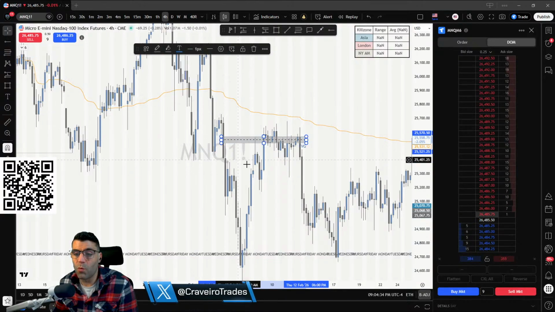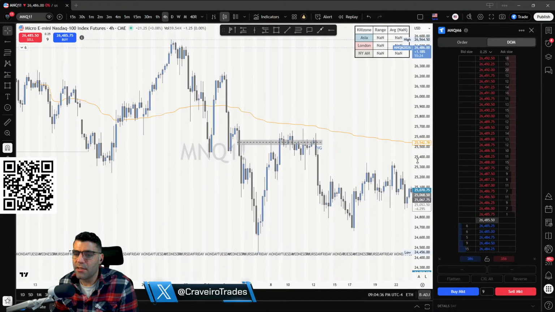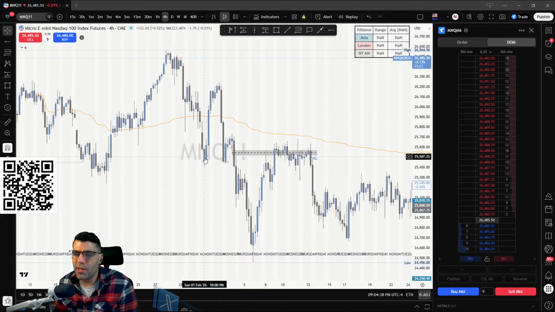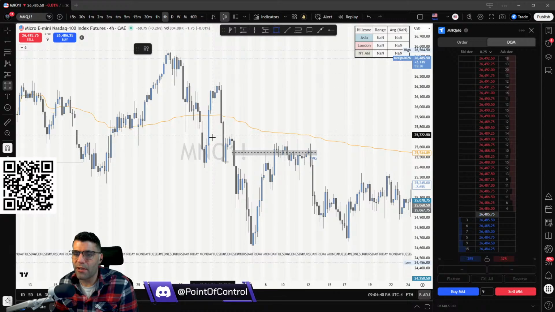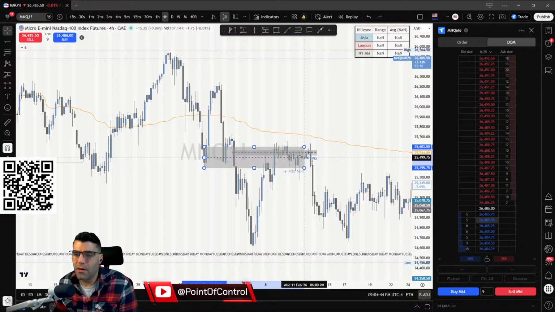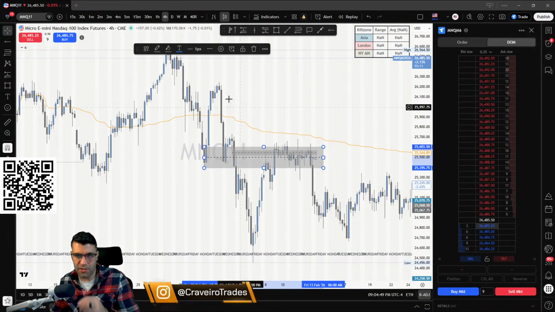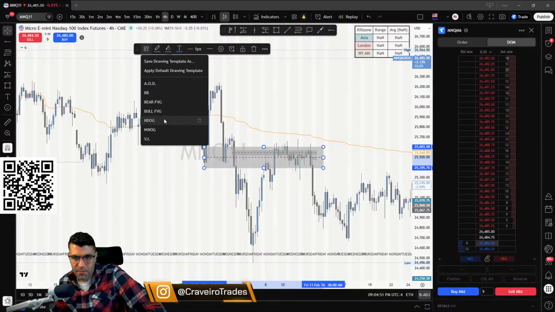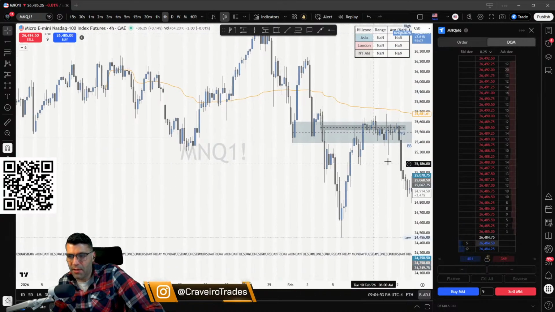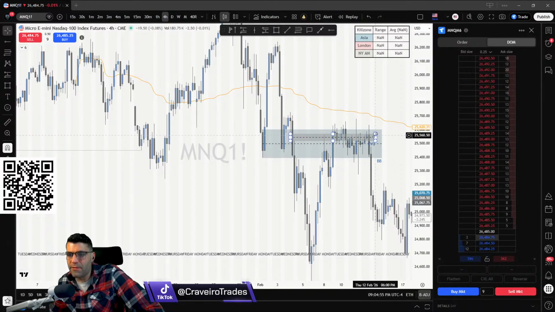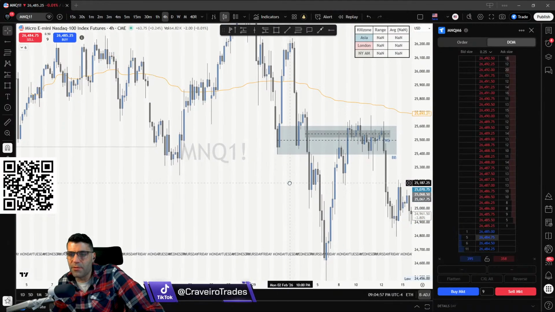But the reason that I would be is because we have what is called a breaker block right here too. Now, a breaker block, look at the candle bodies just touching the top of the breaker block. A breaker block paired with a fair value gap is a strong confluence.